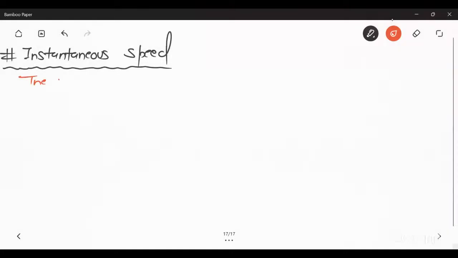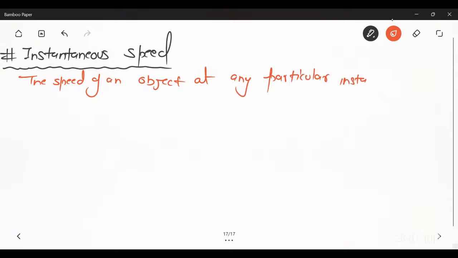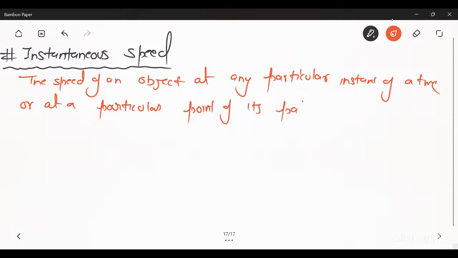The speed of an object at any particular instant of time, or at a particular point of its path, is called the instantaneous speed of an object.